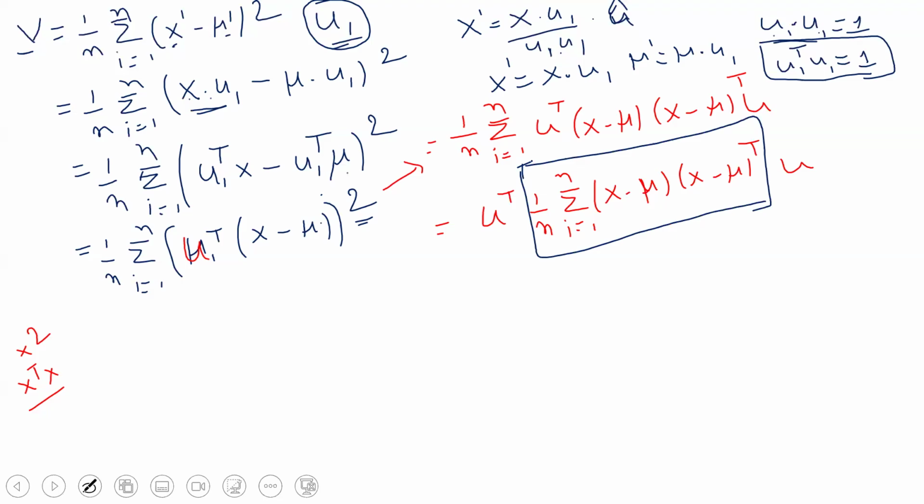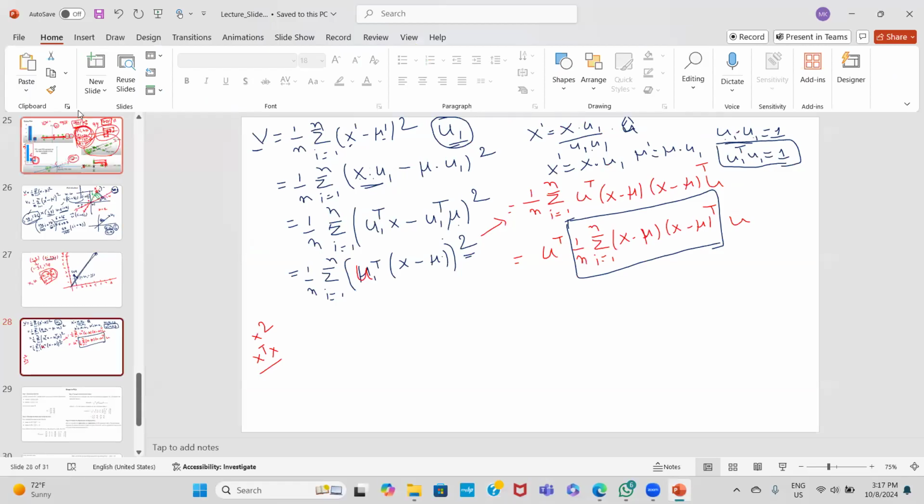Can we say this as covariance matrix? Yes or no? Okay, let's try to derive the covariance matrix first, and then let's come back here.